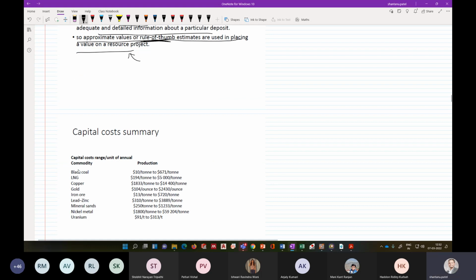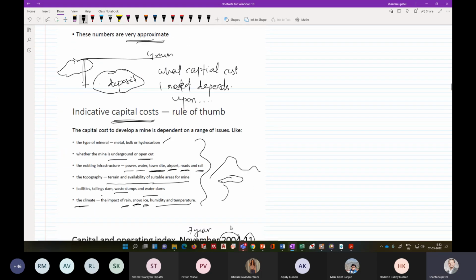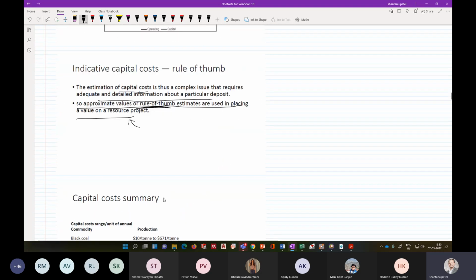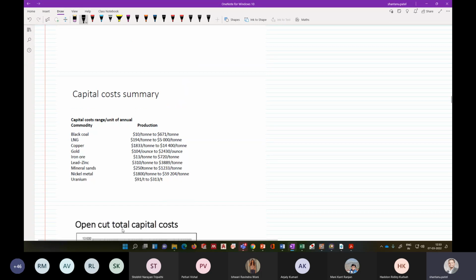This is a capital cost summary. Like we talked about, there are 300 mining projects around the world, and he has compiled this whole thing. You can see the coal production cost is around $10 per ton, and it can go up to $671 per ton.